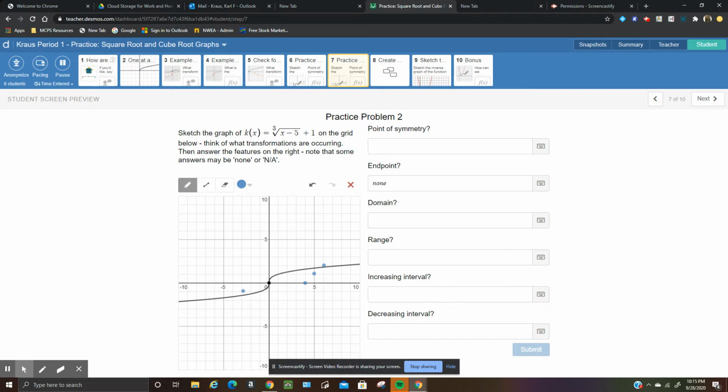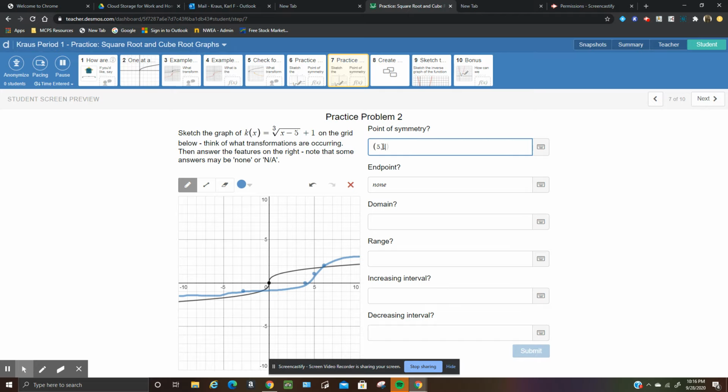So let's see if I can sketch this now. I think it's a little bit better with the slate here. There we go. A little bit better than doing it with a mouse. Okay, so now my point of symmetry is 5, 1. And there's not an endpoint. The endpoint is for the square root. The domain is negative infinity to positive infinity.